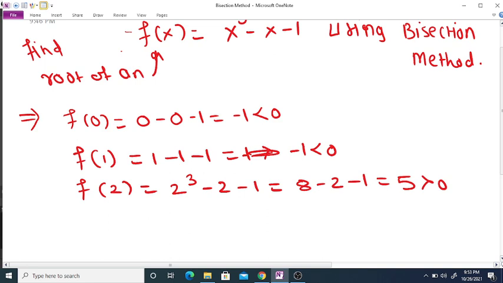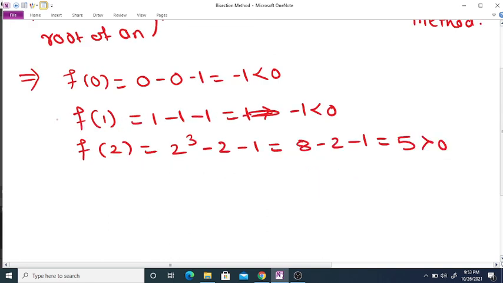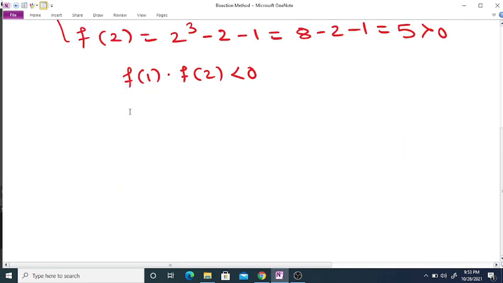Now, here you can observe f of 1 into f of 2 is less than 0, and therefore the root lies in the interval 1 2.